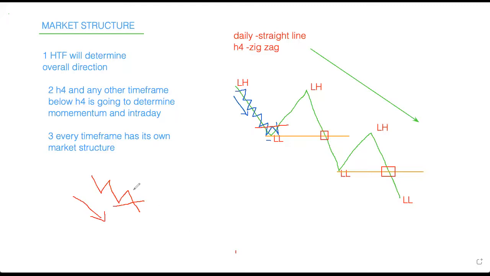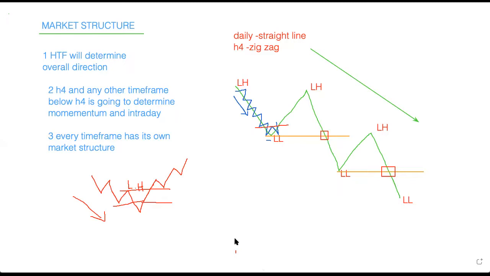But now, when a lower high gets broken like this, that means we have changed direction and we are now going from a downtrend to an uptrend. The break of this previous lower high is what we call break of structure.